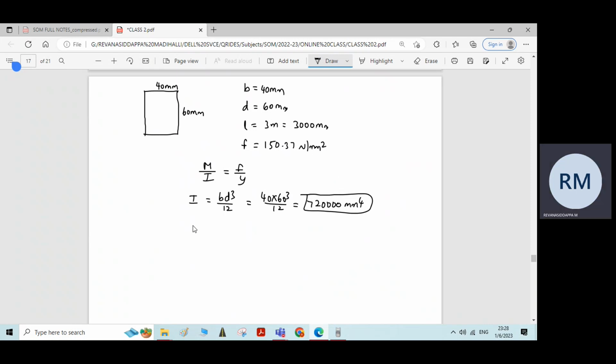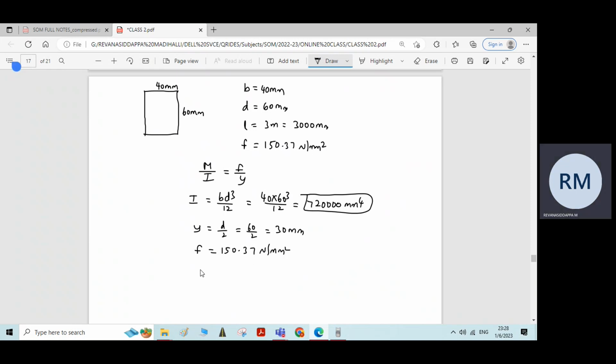Then y is equal to distance of extreme fiber from the neutral axis, which is D by 2. 60 by 2, 30 mm, and F is known, 150.37 Newton per mm square.